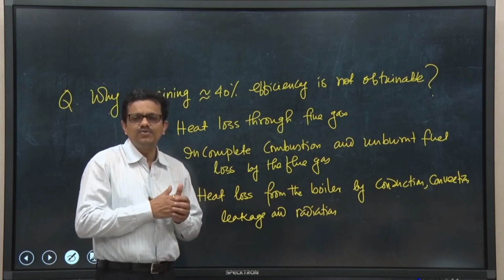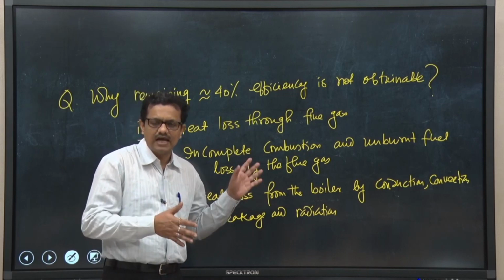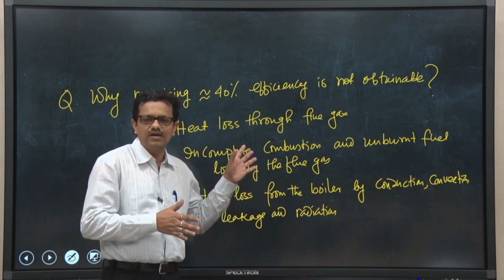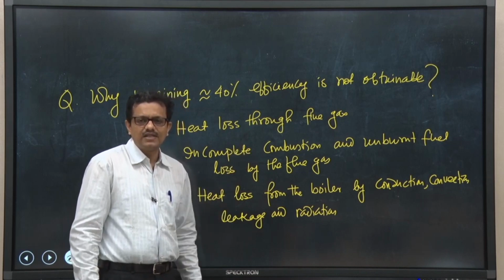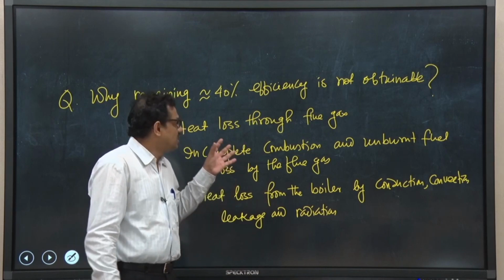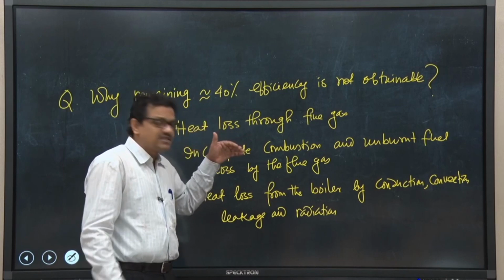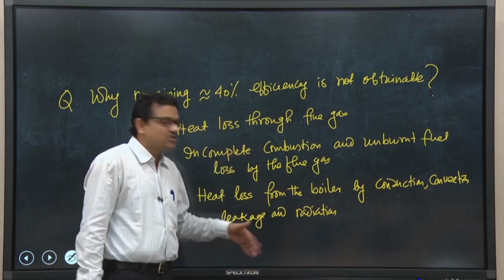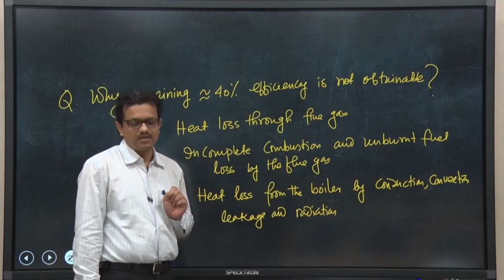By solving this problem, we understood that the efficiency of the boiler cannot be more than 60%, at least from the data taken for the example solved in today's class. We also discussed the several issues because of which the efficiency cannot be achieved beyond 60%.